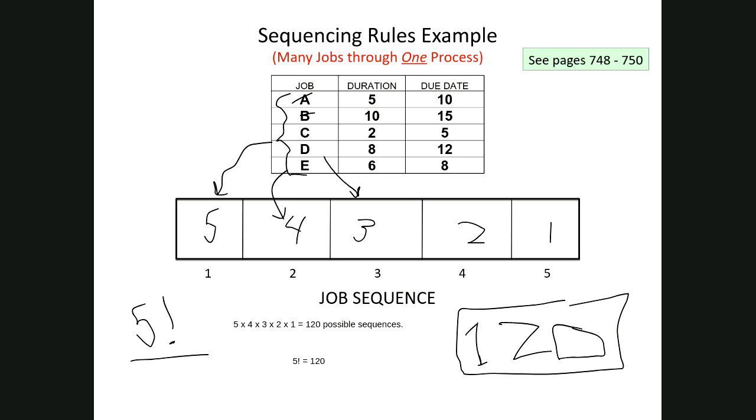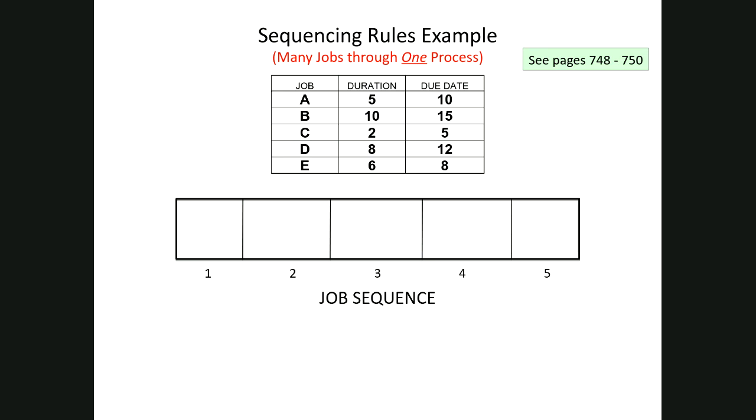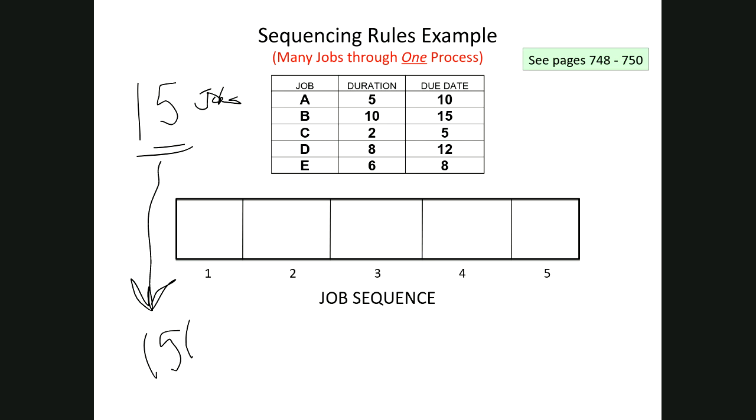Let's suppose instead of 5 jobs, we have now 15 jobs that have to be sequenced. Now, 15 jobs is not a lot of jobs, but once we look at this number, 15 factorial is an exceptionally large number.